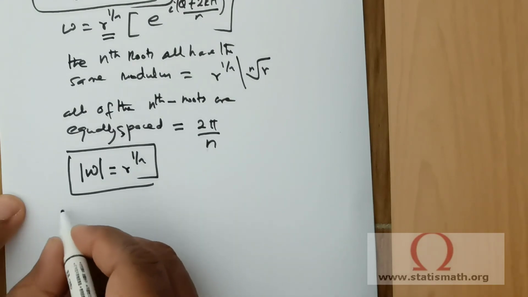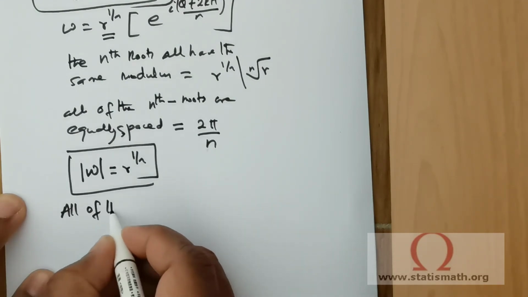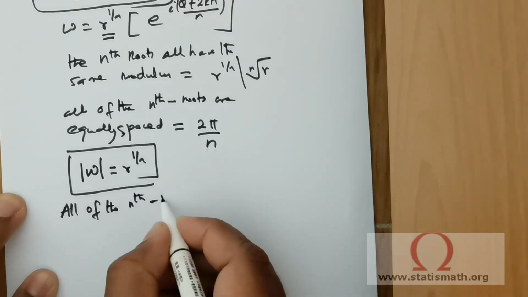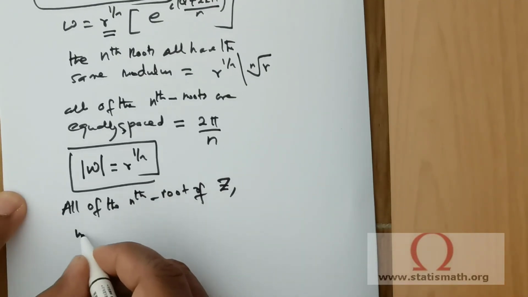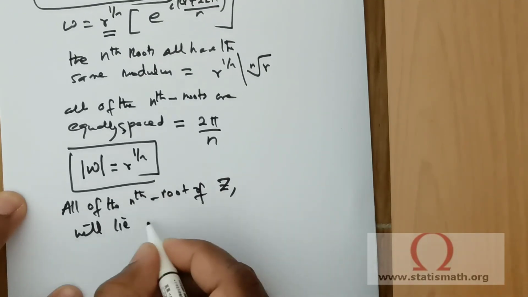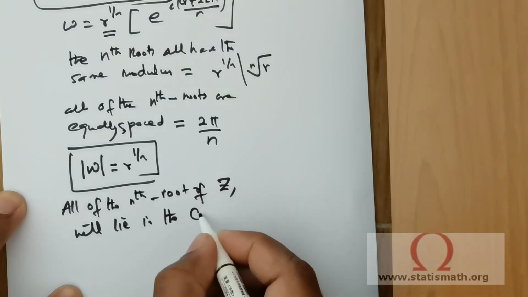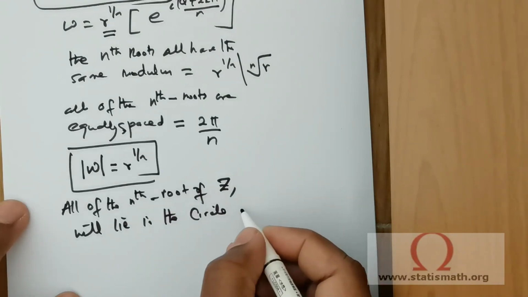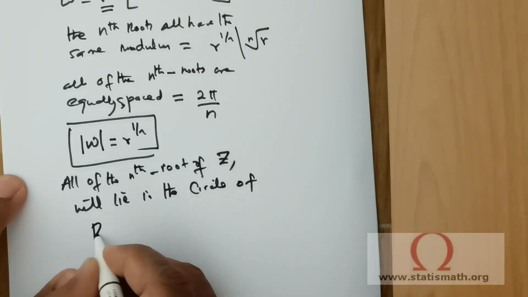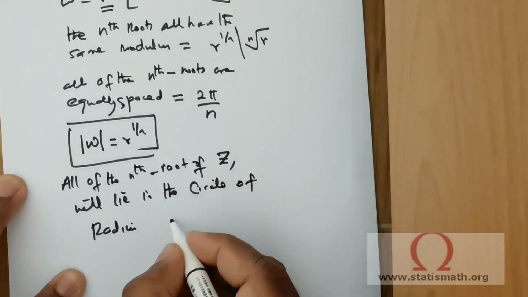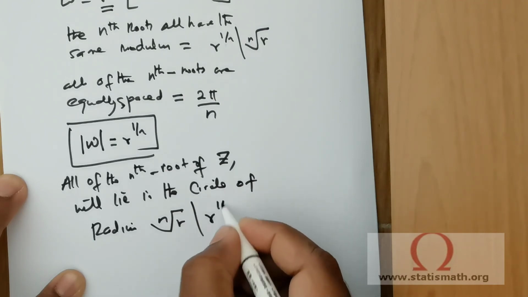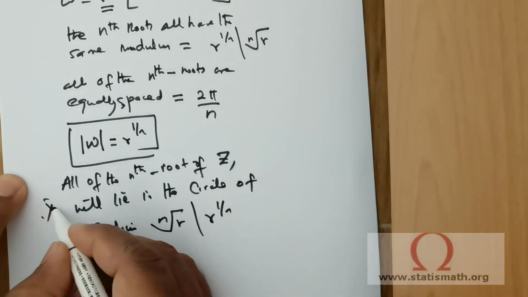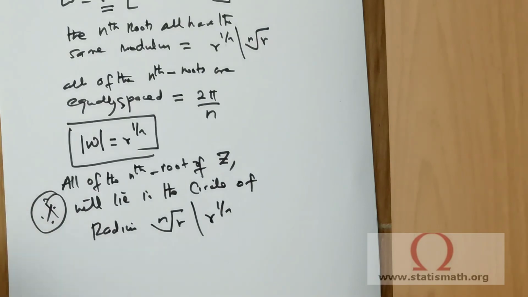Further, we can say that all of the nth roots of z will lie on the circle of radius nth root of r, or you can write it as r raised to the power 1 over n. So this is a very important interpretation.